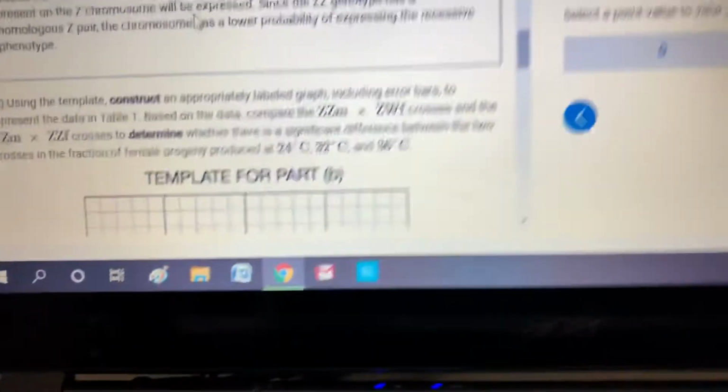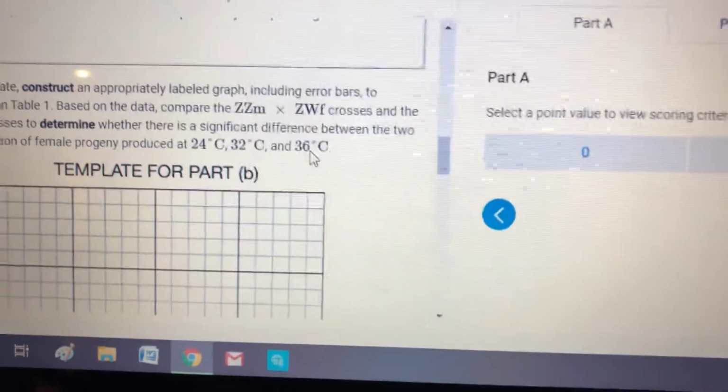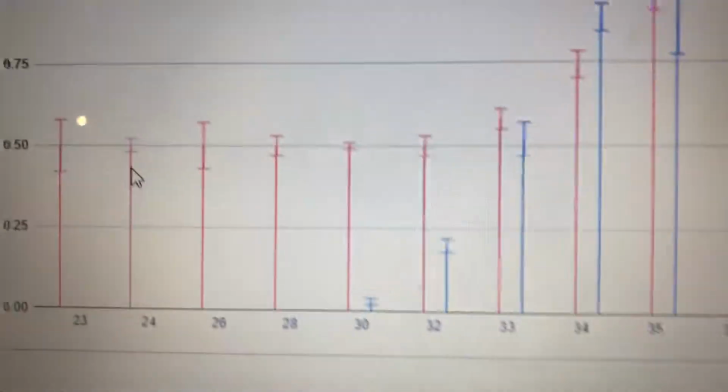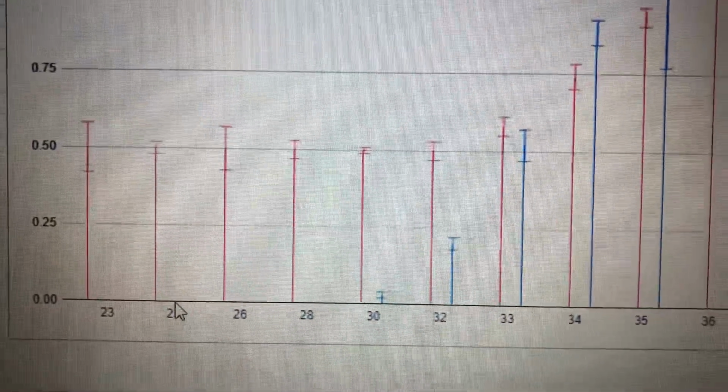But the next question wants you to compare the error bars at 24, 32, and 36 degrees and see if there's any statistical significance between those. So let's look at this at the correct one here. So if we look at 24 degrees, well, there's no statistical significance here because there's not even a blue bar.